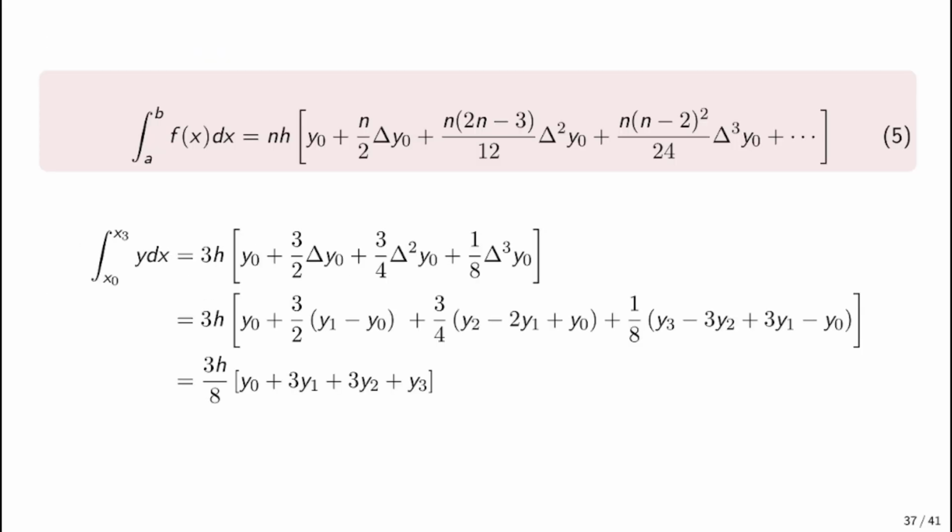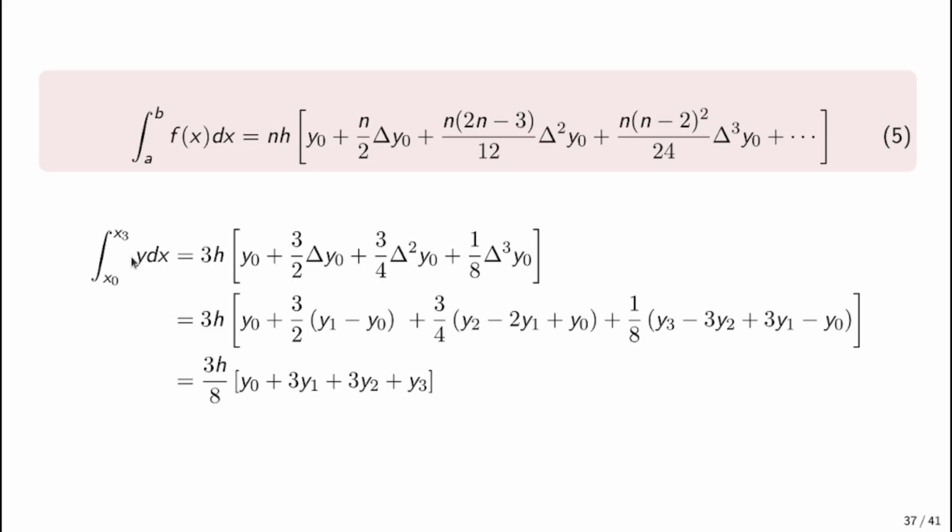In the first subinterval, that is x0 to x3, the integral will be 3h times y0 plus 3 by 2 del y0 plus 3 by 4 del square y0 plus 1 by 8 del cube y0. Substituting all these values and taking the LCM, we will get the integral from x0 to x3 of y dx as 3h by 8 times y0 plus 3y1 plus 3y2 plus y3.